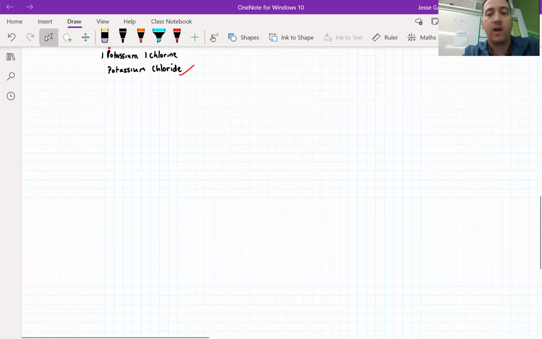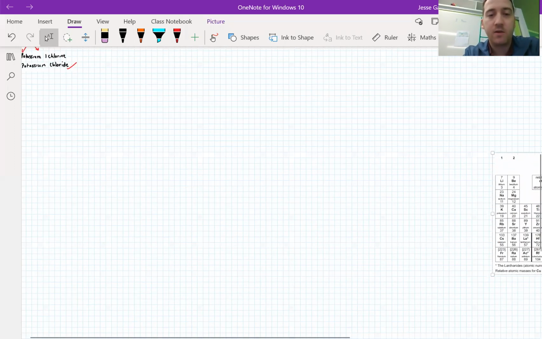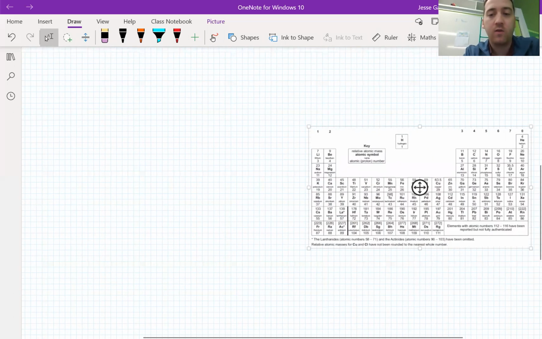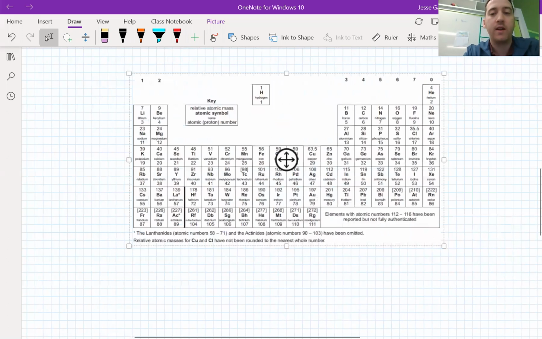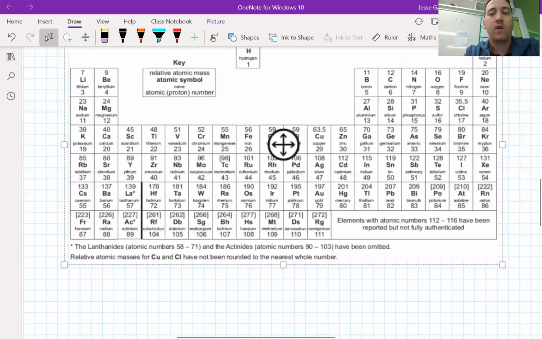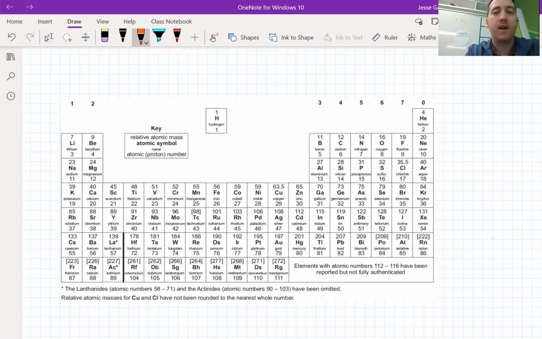Now, to answer this question, we're going to have a look at our periodic table again. I'm going to bring this periodic table just over here where I can see it. I don't want to block up my whole screen. Right, to answer this question, we need to look at a specific group on the periodic table, and that is this group here.